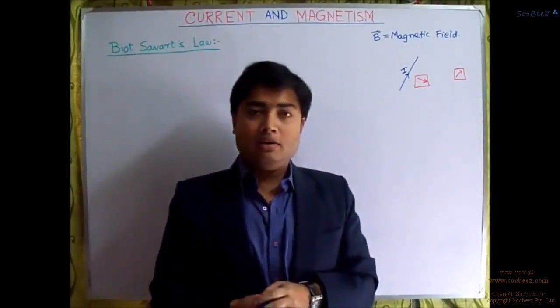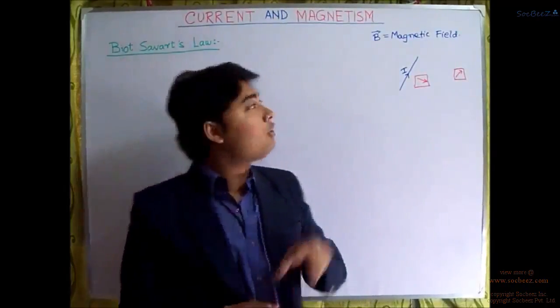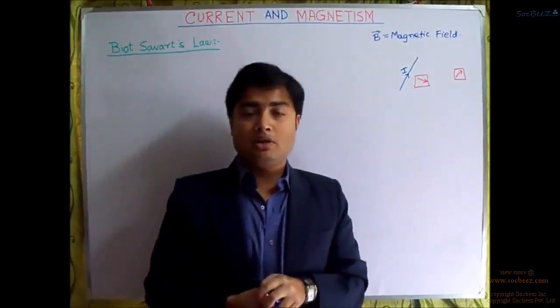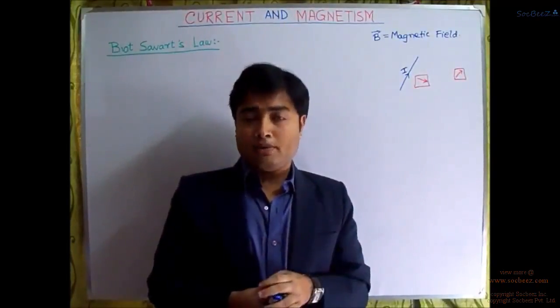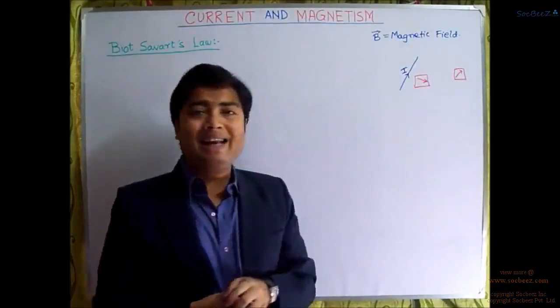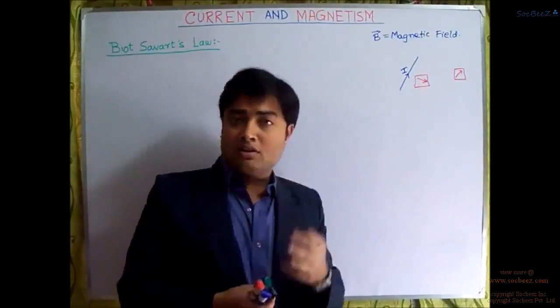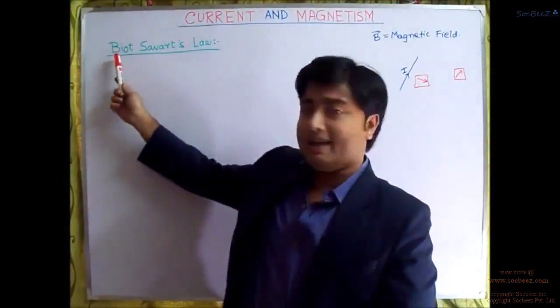After that, four French physicists worked on these concepts. The first one was François Arago. The second, famous one, André-Marie Ampère. The third one is Jean-Baptiste Biot.